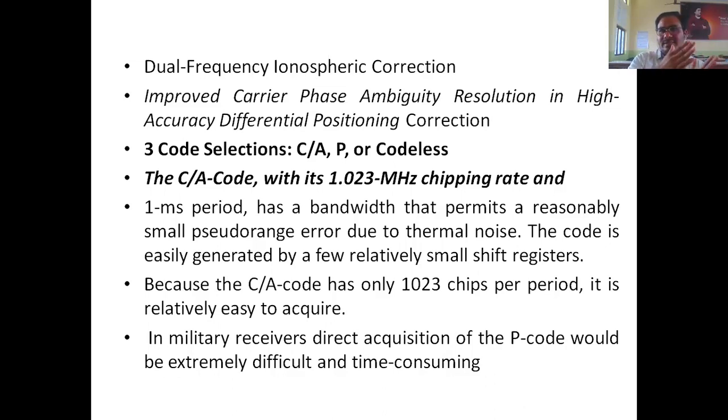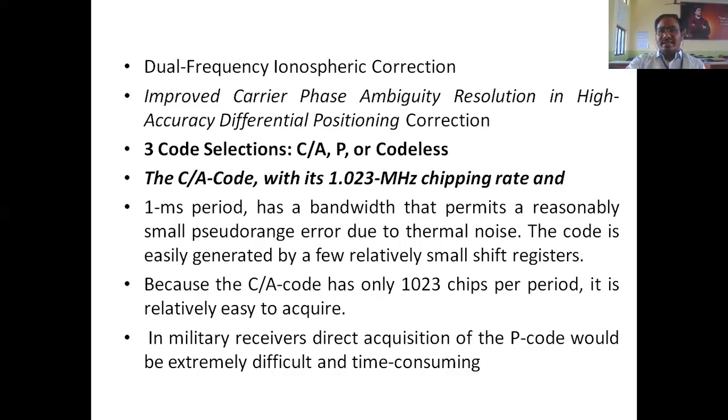So the signal, even though it is traveling with the same velocity, may take more time. So we use the dual frequencies, L1 and L2, and that correction is done there. And in high accuracy differential positioning, we will use the carrier phase ambiguity correction method.